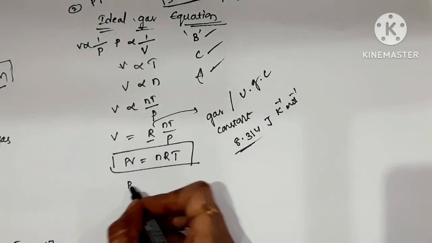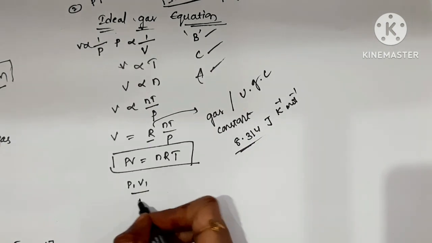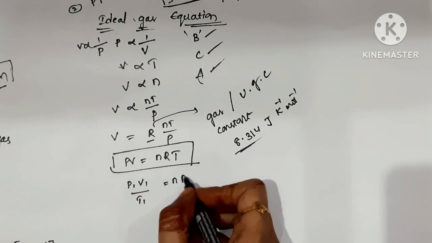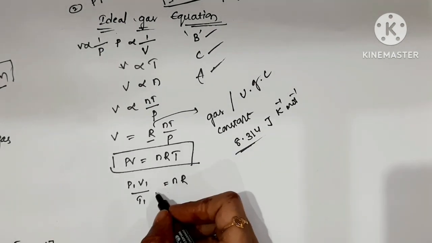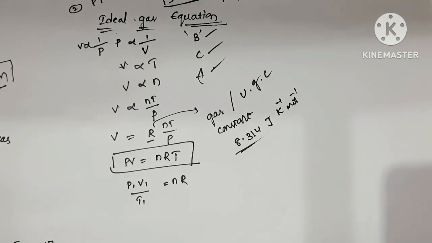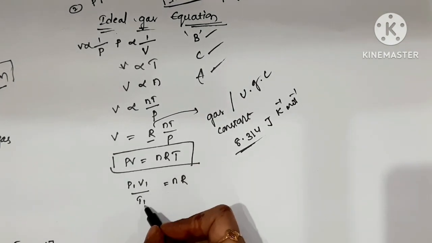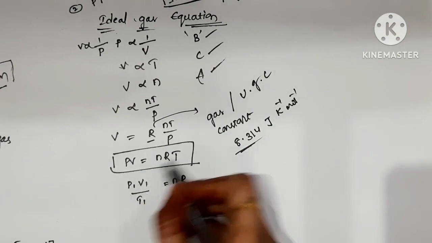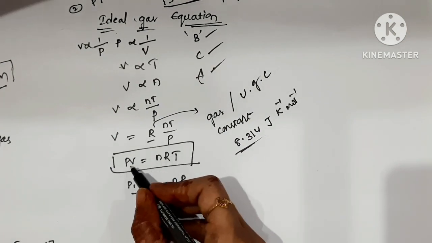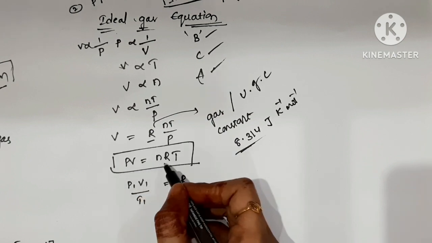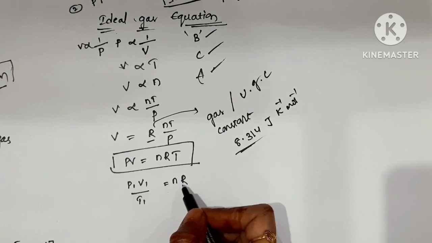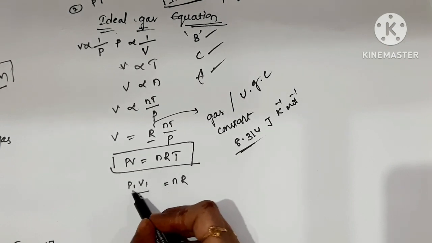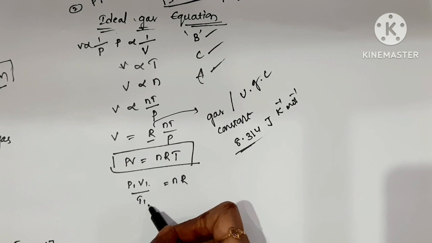So P1 V1 by T1 is equal to nR. I am writing the equation in another form. PV by T is equal to nR, right? So P1 V1 by T1 is equal to nR, where these are the initial pressure, initial volume and initial temperature.